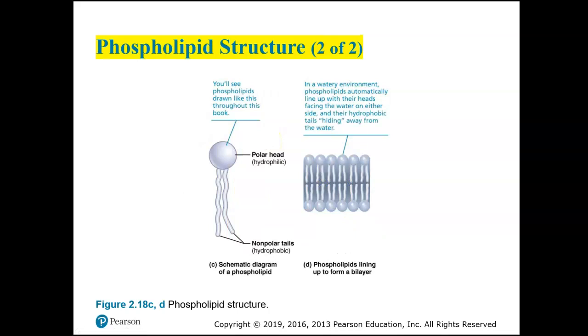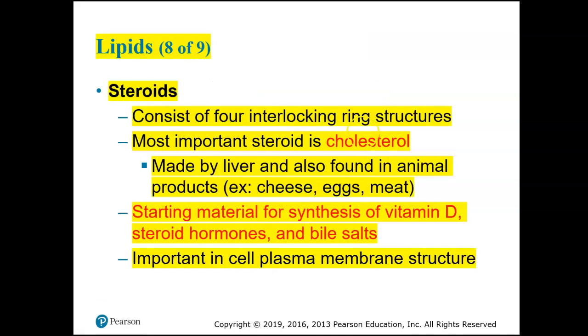So the way the phospholipids will arrange themselves when they form the plasma membrane is that the tails will face each other. The hydrophobic tails will face each other, and then the heads will face away because the heads are in contact with the fluid that surrounds the cell, which is water.